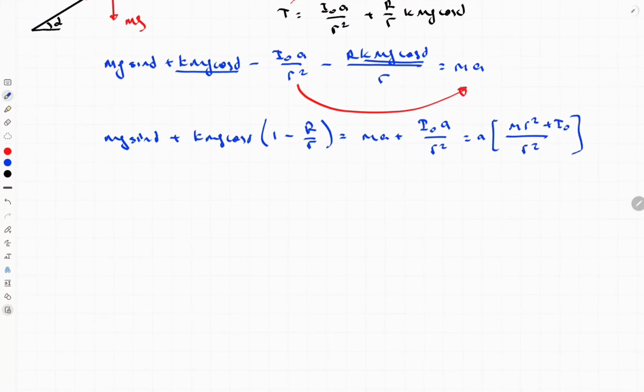We can take mg outside. Mg, here we have sine alpha plus cosine alpha, 1 minus R over r. We need to multiply by r square mg, r square and divide by this part.